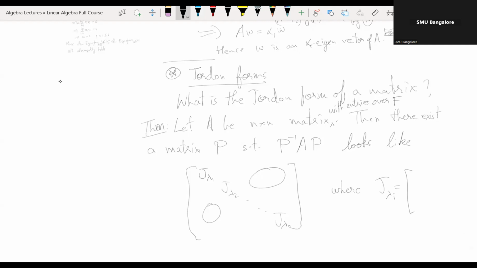so this has a very nice structure as well. It will look like lambda 1 to lambda I. On the diagonal, it will be lambda I. Depending upon the size of this matrix, say K, just above the diagonal it will be ones, and the rest is zero.